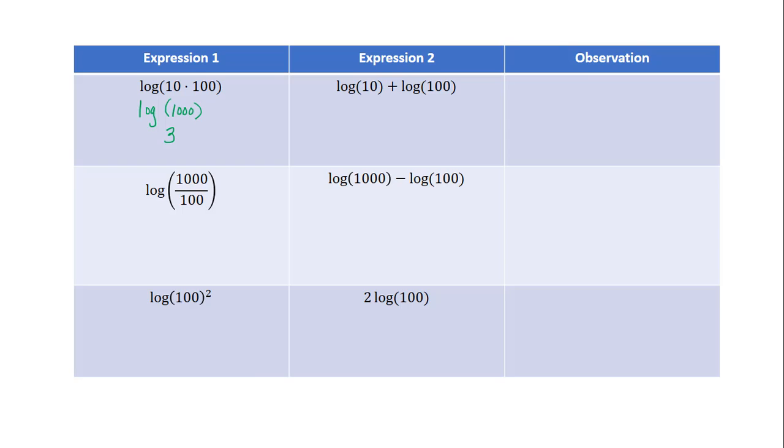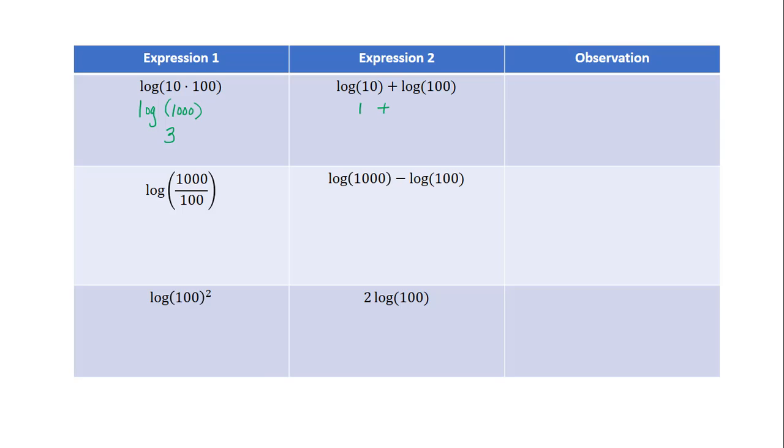In column 2, now I want us to simplify log of 10 plus log of 100. Well, the log of 10, what does that mean? Right, what power of 10 gives me 10, and that is 1, right? 10 to the 1 is 10.